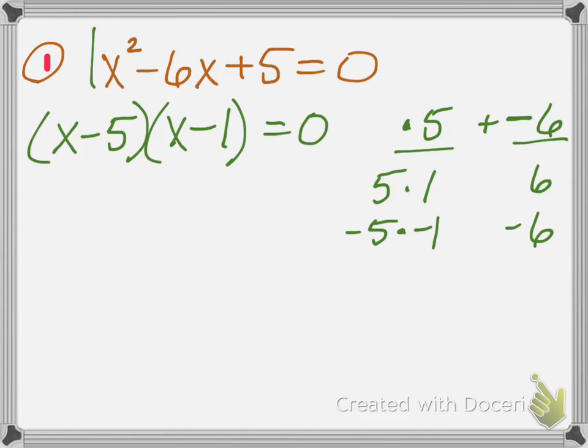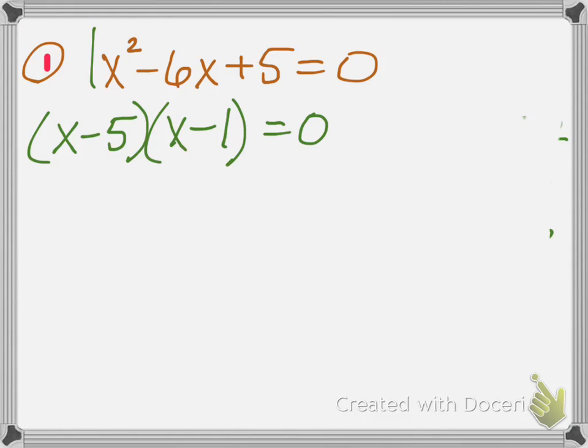So unlike in section 1 where we just stopped after we factored, here we have to solve. So remember, when we solve, we then step in and use the zero product property. The zero product property, or the ZPP as I like to call it, tells us that either one of these has to equal 0 in order for the product to equal 0.